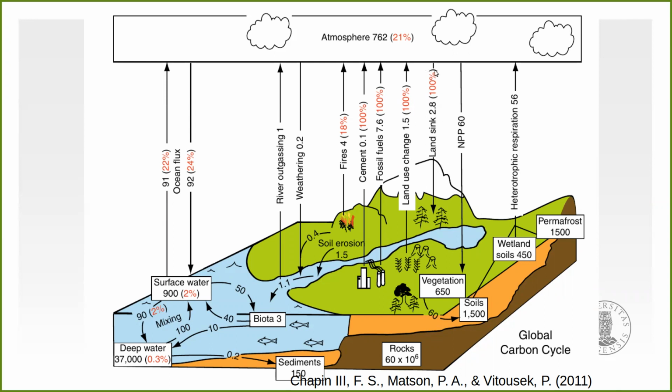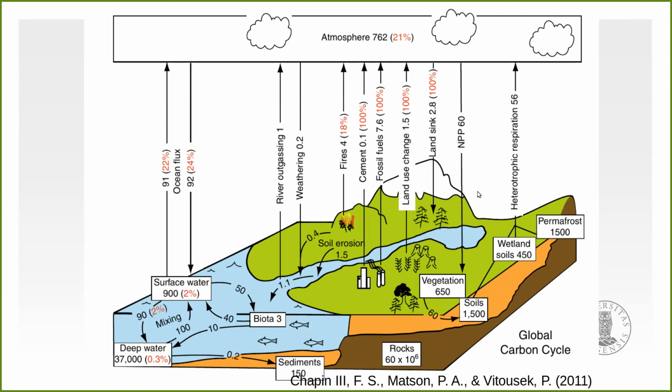And this is basically the part of NPP that anthropogenic actions are responsible for through warmer climate and increased CO2 concentration in the atmosphere and fertilization. So due to pollution. So this is also NPP, just not the natural one.